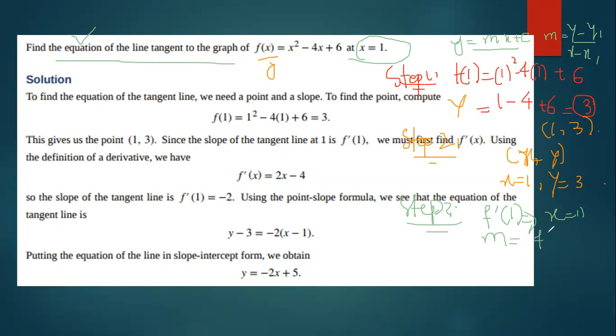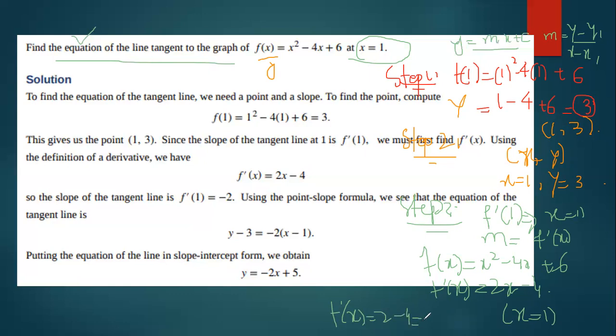So the derivative f'(x), and in this case f'(1). Here f(x) equals x^2 minus 4x plus 6, so first I find f'(x), which equals 2x minus 4. Then applying x equals 1, f'(1) equals 2 minus 4, which equals minus 2.